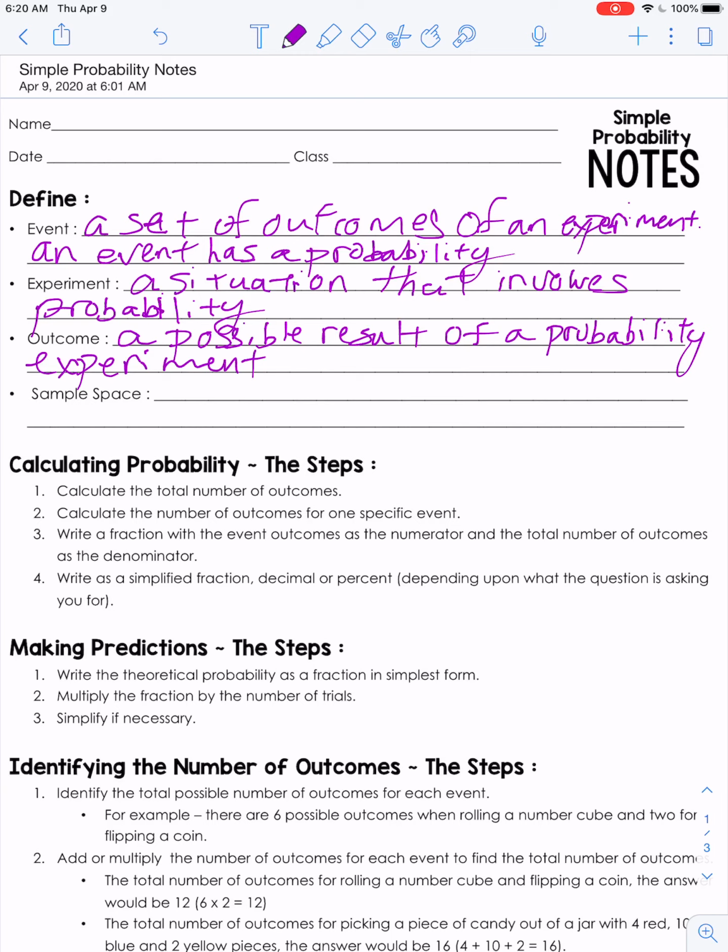A sample space is the set of all the outcomes possible of a probability experiment.